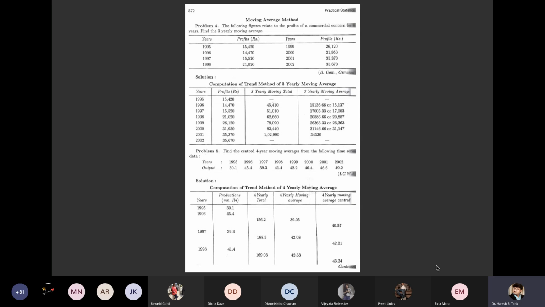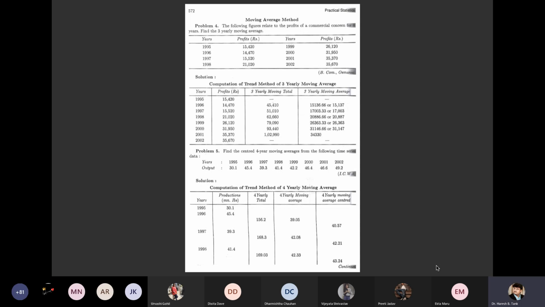So 156.2 divided by 4 comes to 39.05. Similarly, 168.3 divided by 4 comes to 42.08. And similarly, you have to divide each and every entity by 4 to get all the entities in the next column.